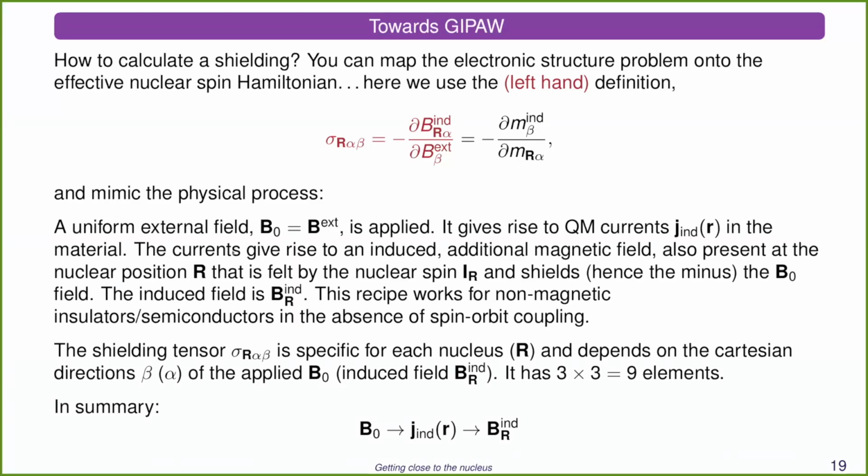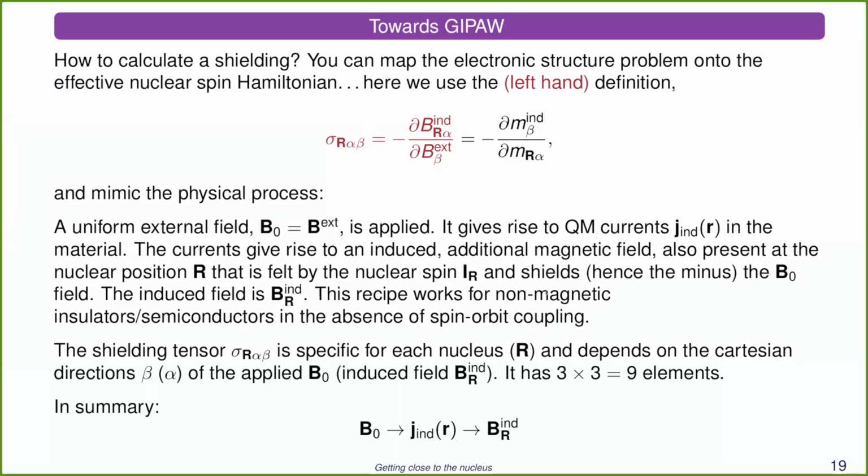And these currents, they give rise to a new magnetic field. Those currents induce magnetic fields everywhere, but also at the nucleus. And at the nucleus, you can actually sense that with the Zeeman effect of the nucleus. Again, we will talk about that too. But the nuclear spin feels these fields at the nucleus, and this is the induced field. And this is also how we're going to calculate this.